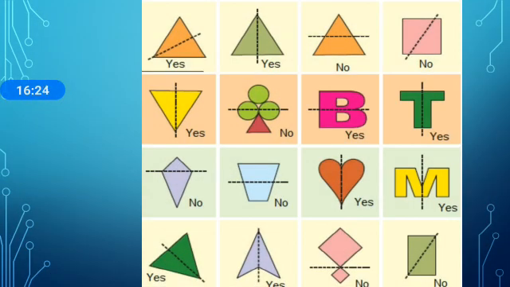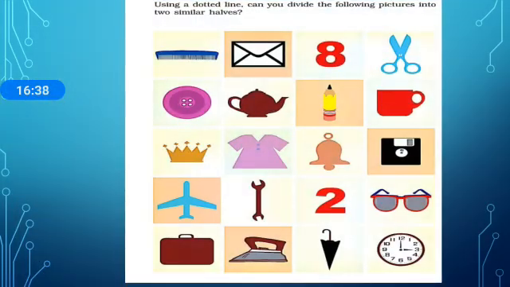Here is the answer. It is given in the form of yes and no. You can check the answer and you can also write it in your textbook if you are having it. Here is the next question. Using a dotted line, can you divide the following pictures into two similar halves?